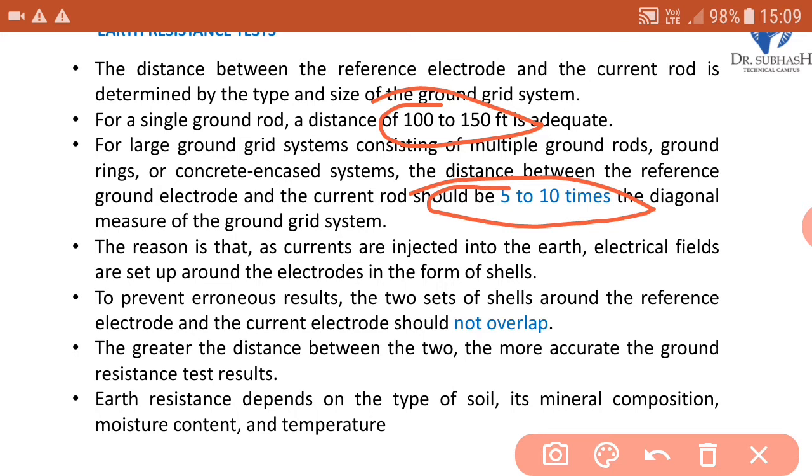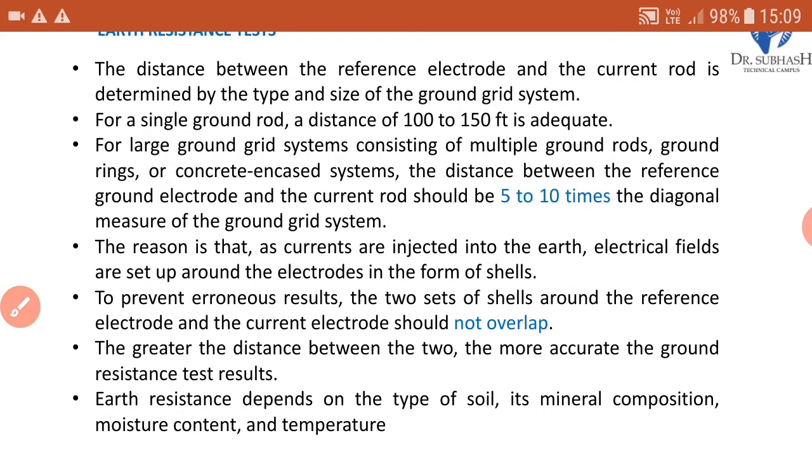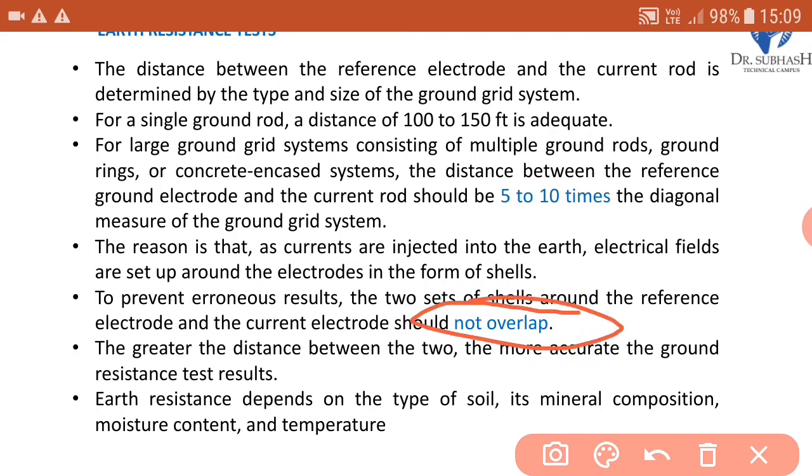The reason is that as current is injected into the earth, electrical fields are set up around the electrodes in the form of cells. To prevent erroneous results, the two sets of cells around the reference electrode and the current electrode should not overlap. It means these two should not overlap. Otherwise an error may be introduced in the system.